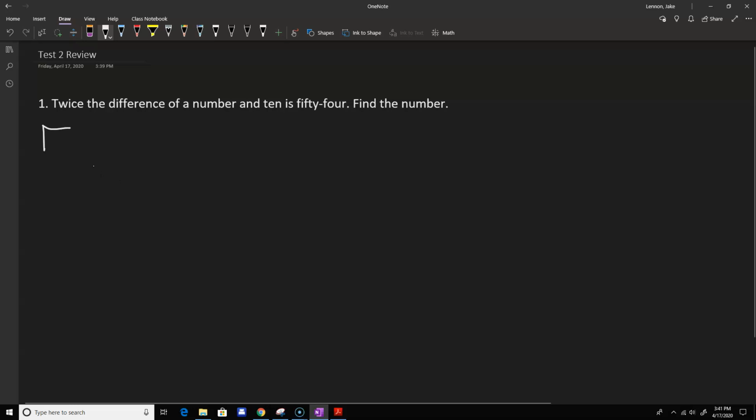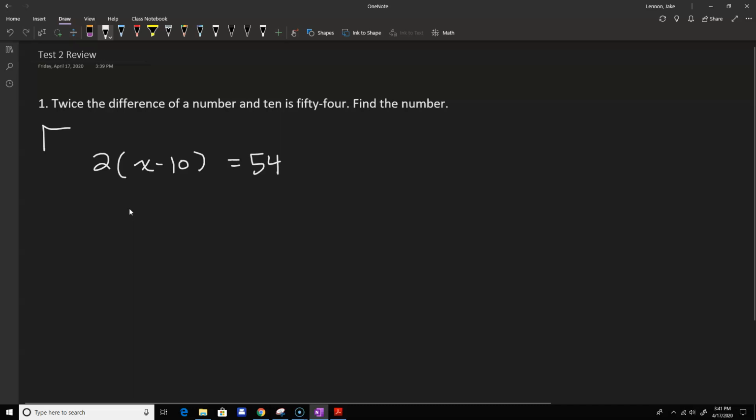So you have twice the difference of a number and 10, so 2 times the difference of a number and 10 is 54. So that's going to be 2 times the quantity, so we need parentheses. So we need x minus 10, and this has to equal 54.